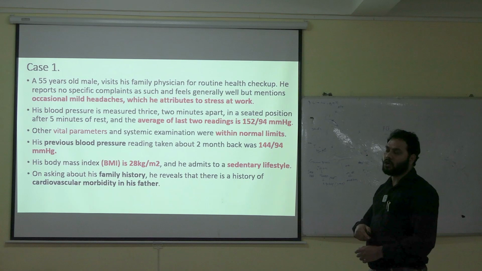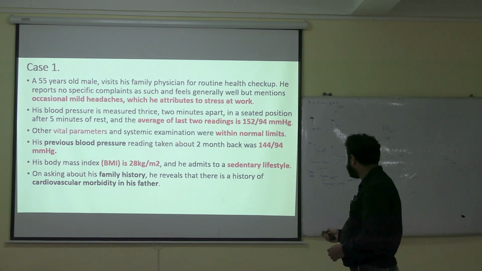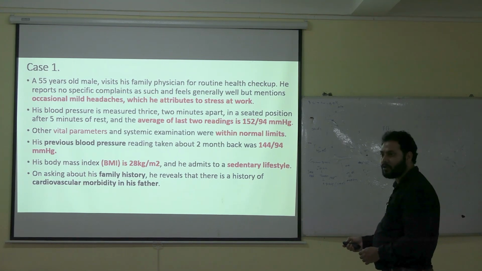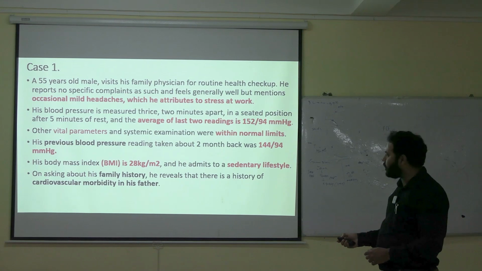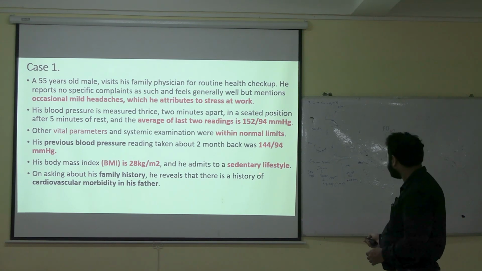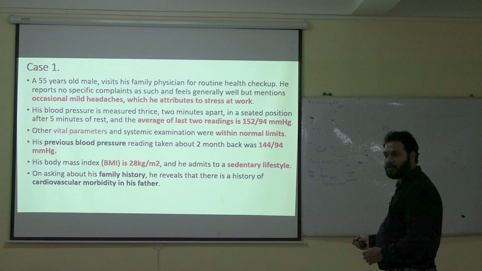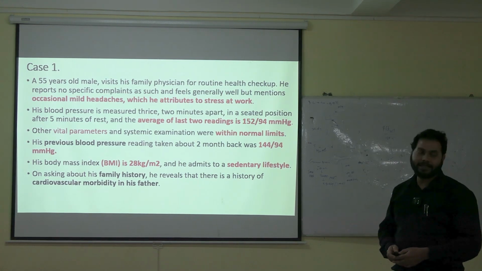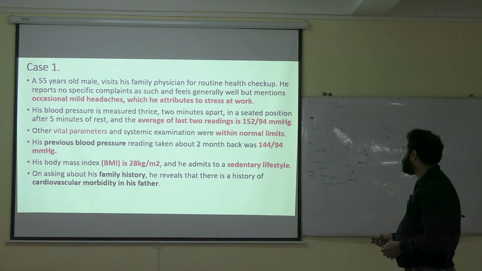It means it is continuously increasing, right? Then the body weight of the subject is not in the normal category. It is in the overweight or obese category, right? Lifestyle is also not normal, meaning the subject is not involved in any type of physical activity. It leads to a sedentary lifestyle.